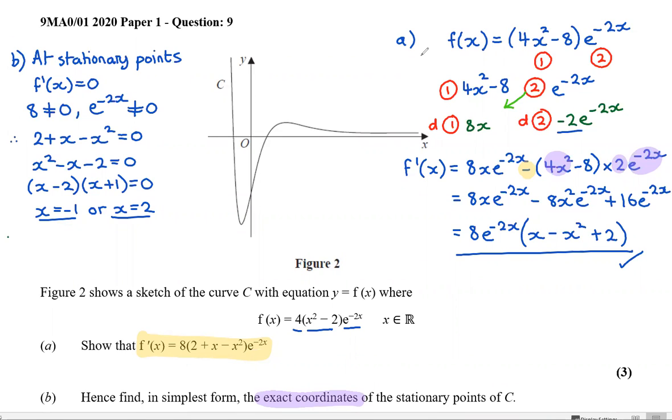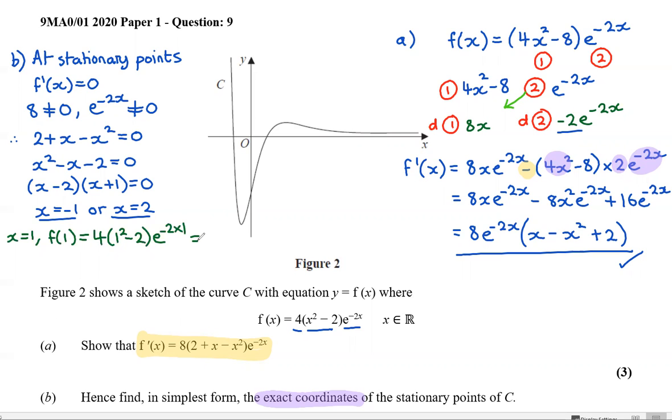So when x equals 1, we have f of 1 is going to be, going to our original function, 4 lots of 1 squared subtract 2 multiplied by e to the -2 times 1. Now, if we simplify that, 1 squared subtract 2 is, of course, -1.